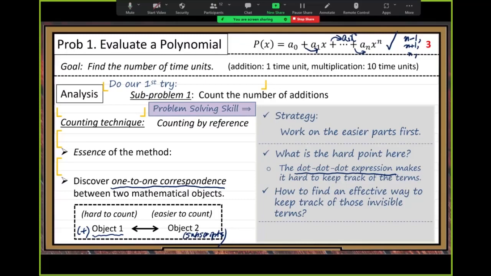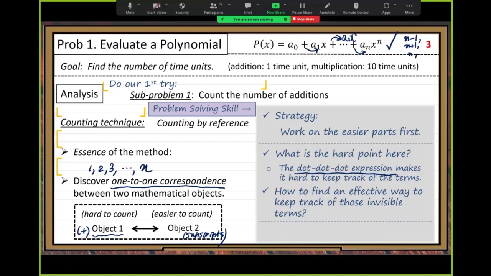But is it much easier to count object 2? Because for object 2, you have consecutive integers starting from 1, 2, 3, and the last one is n.